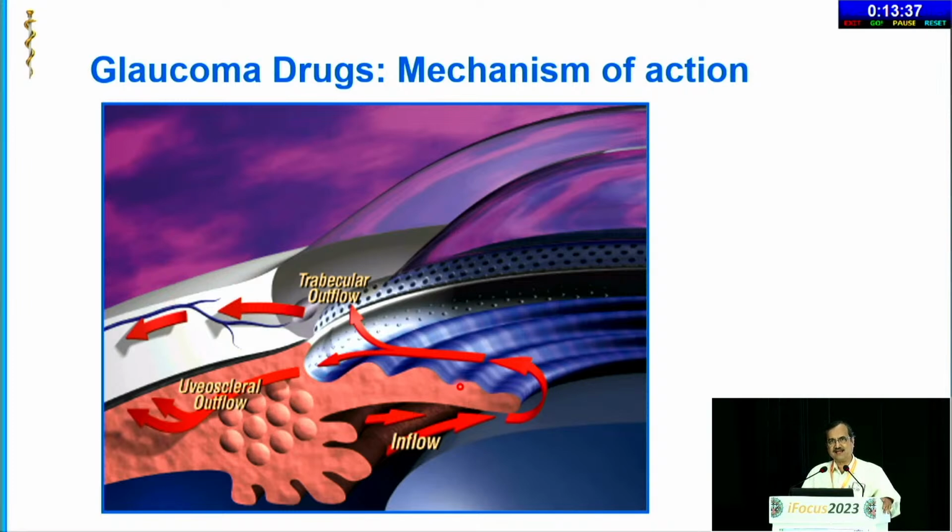Basically, they act at the inflow, that is at the ciliary body, by reducing the amount of aqueous, and then there can be a facilitation of outflow from the two pathways, basically a uveoscleral pathway and, to a certain extent, through the trabecular outflow pathway.